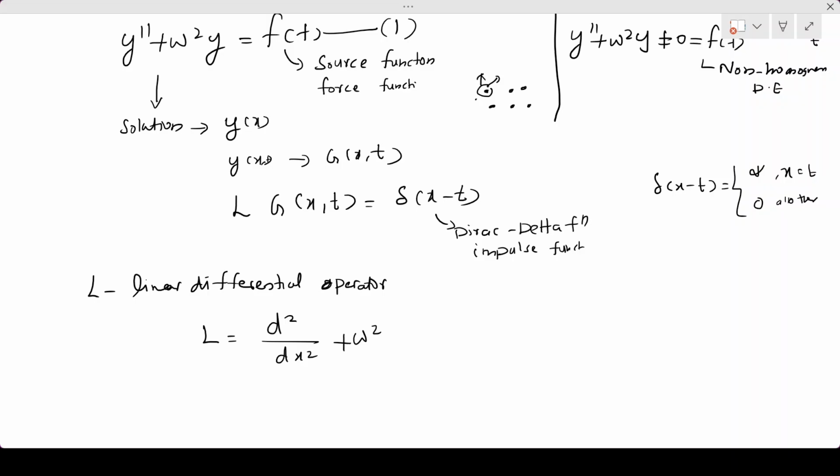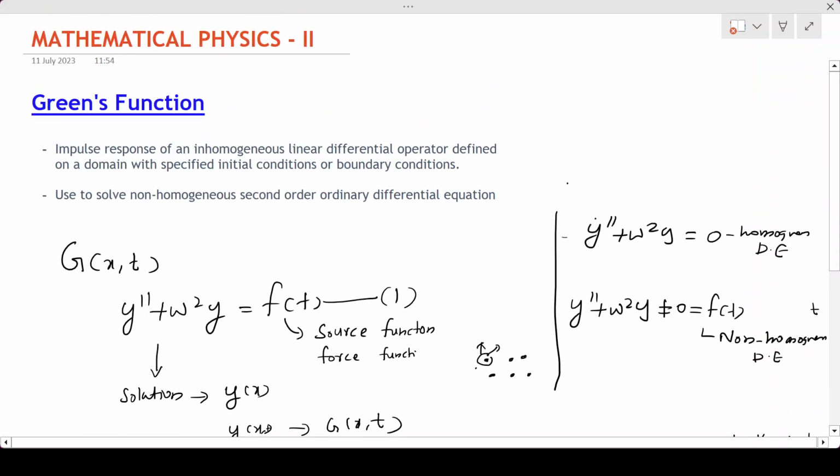That was the statement also: here we have stated that Green's function is an impulse response of an inhomogeneous linear differential operator.